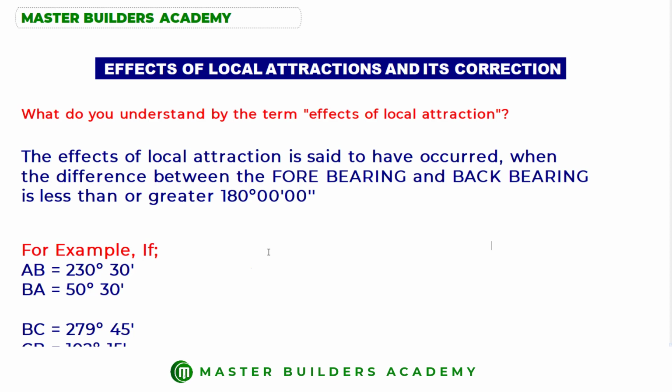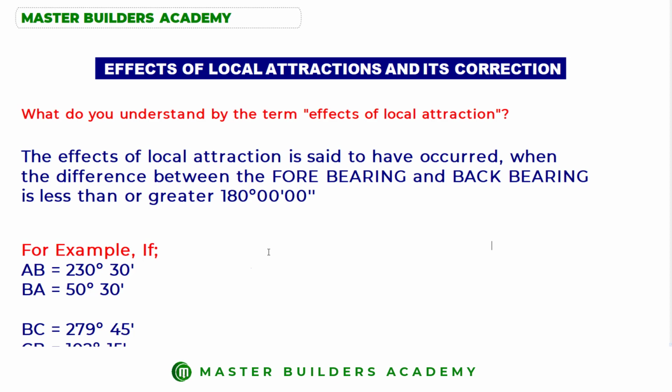Similarly, if what you obtain as your outcome is greater than 180 degrees, then it means that there is effect of local attraction. Then finally, if at the end of subtracting the forebearing from the back bearing or the back bearing from the forebearing, the outcome you have is exactly 180 degrees, 0 minutes, and 0 seconds, it means there is no effect of local attraction.